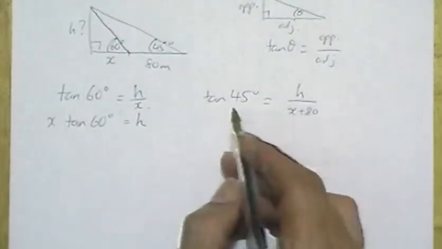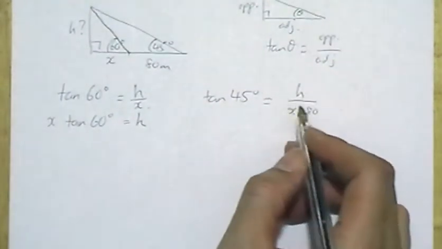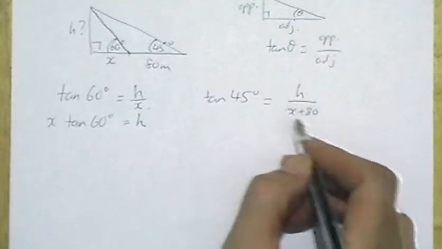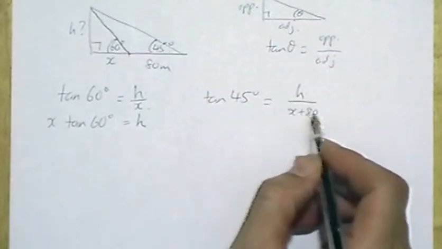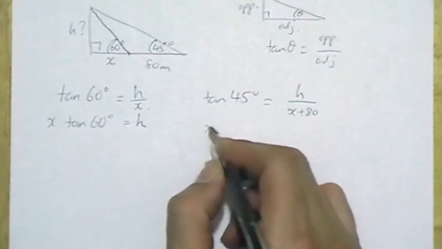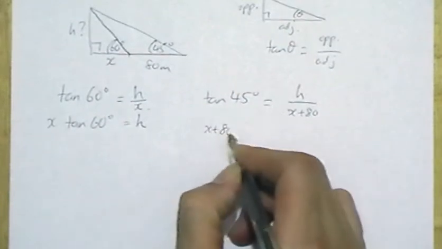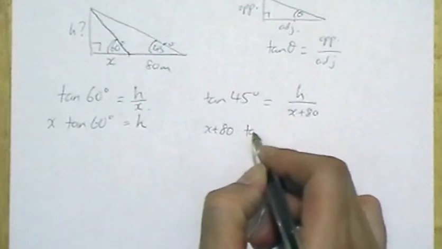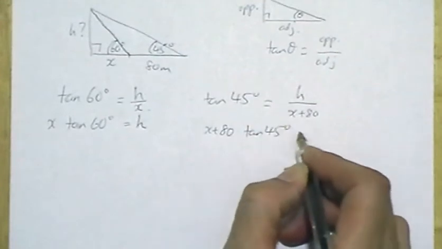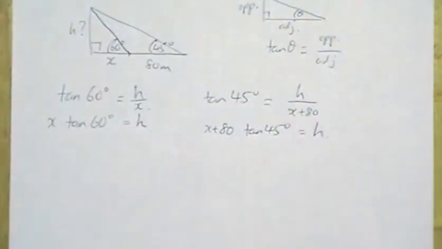Let's try it on this as well. The x plus 80, let's multiply both sides by x plus 80. Then we get x plus 80 on this side. Okay.